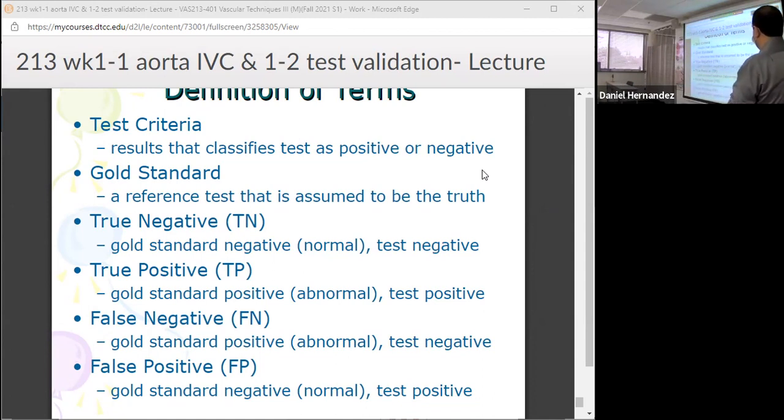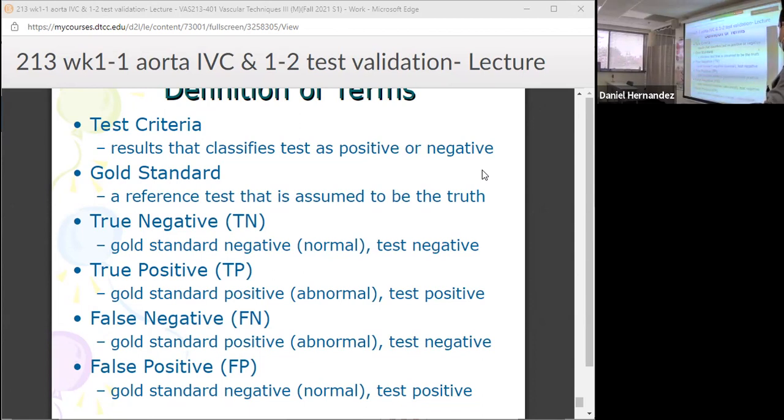So we have also another definition, which is true negative. So this is when the gold standard is negative, or whatever test says it's negative, and our test is negative as well. We have a true positive. So the gold standard is positive or abnormal, and our test is positive.